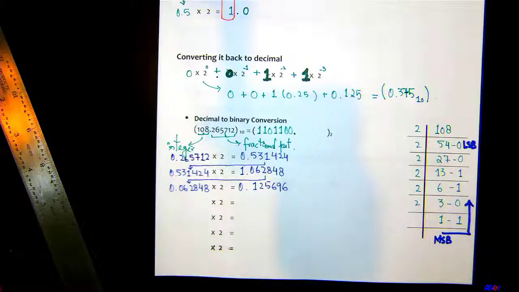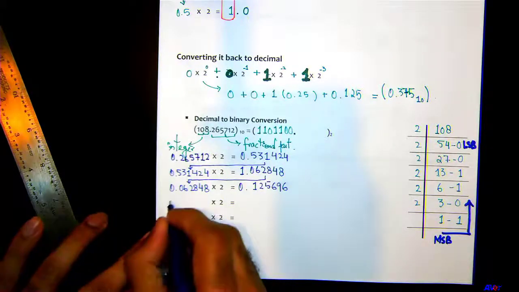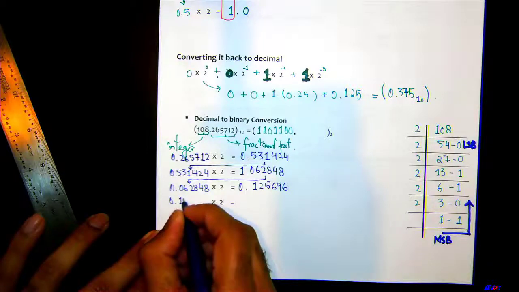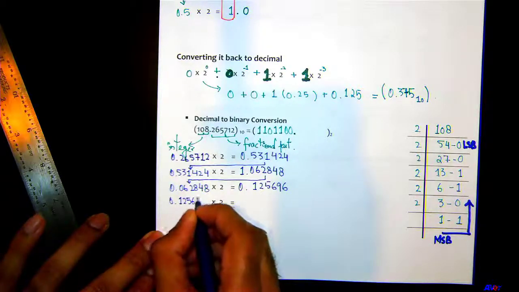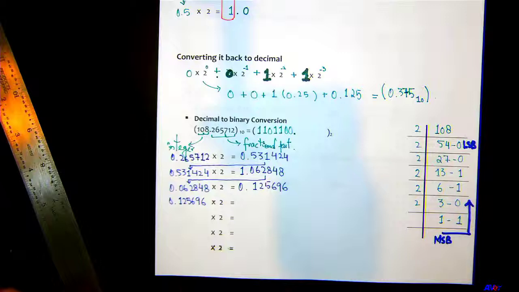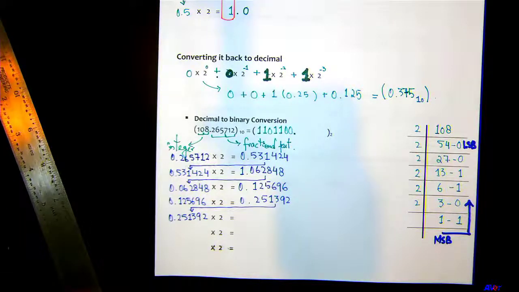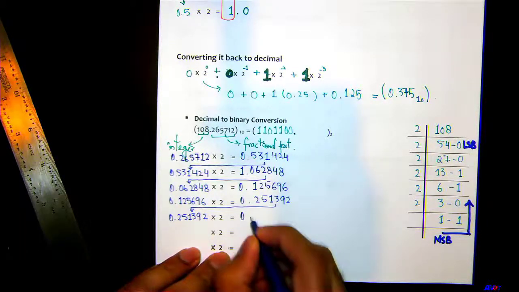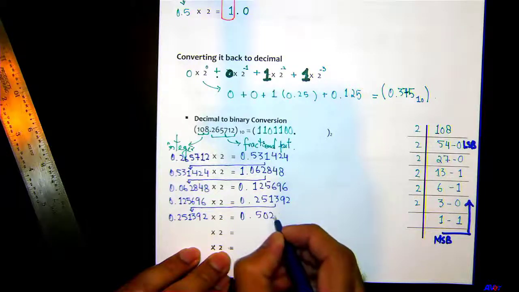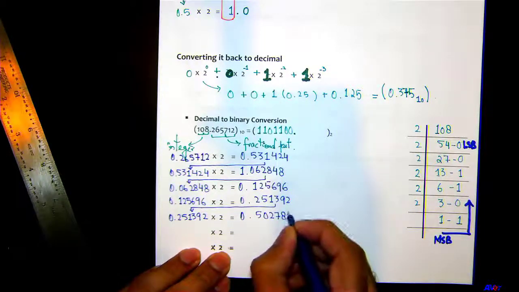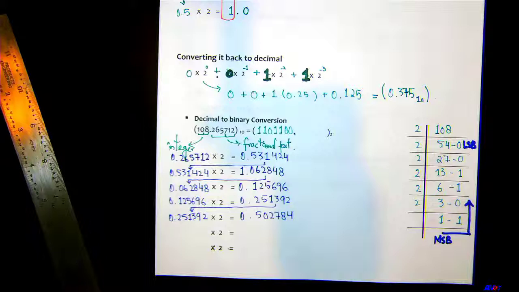Minimum 4, maximum 6. Okay. 0.125696 times 2 is 0.251392. 0.502784 times 2.